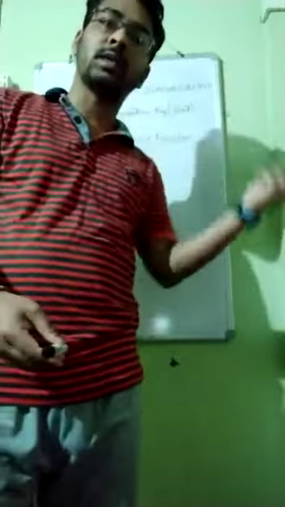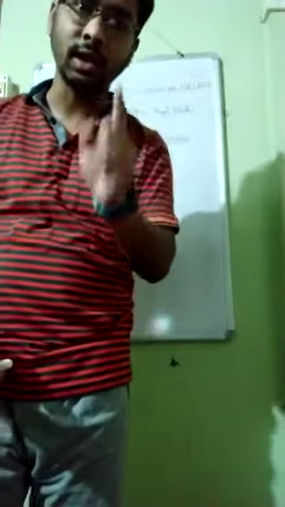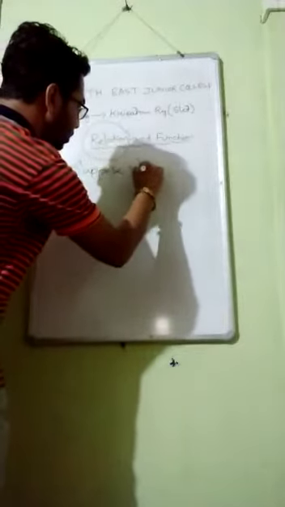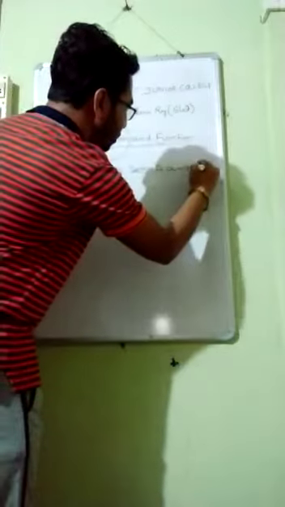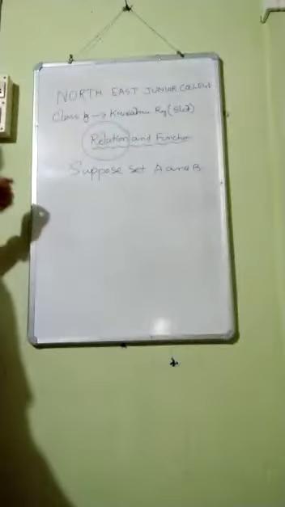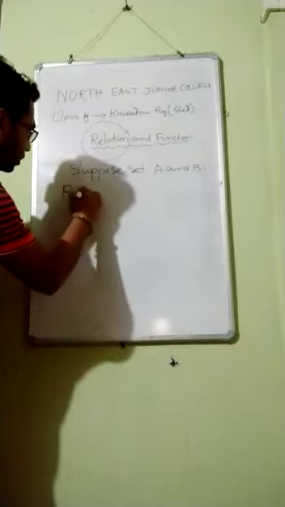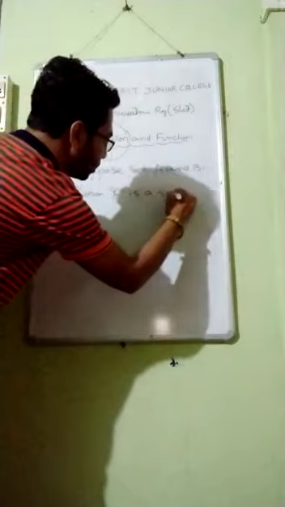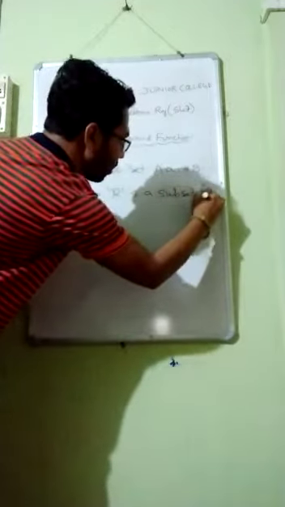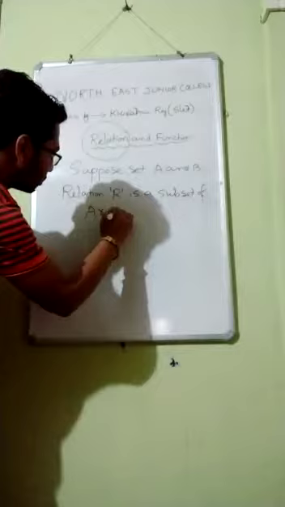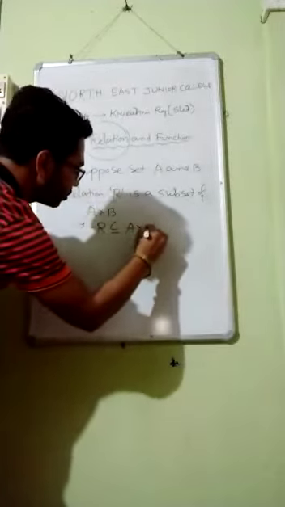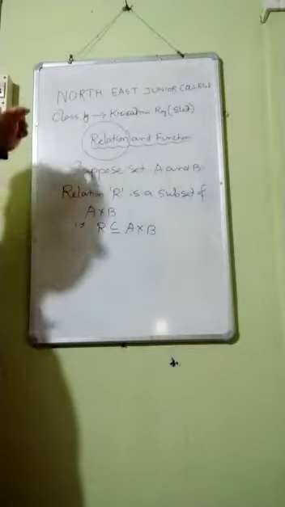Same concept in mathematics. To make a relation, we need two sets. Suppose set capital A and capital B. Then simply a relation, denoted by R, is a subset of A cross B. So what is a relation?